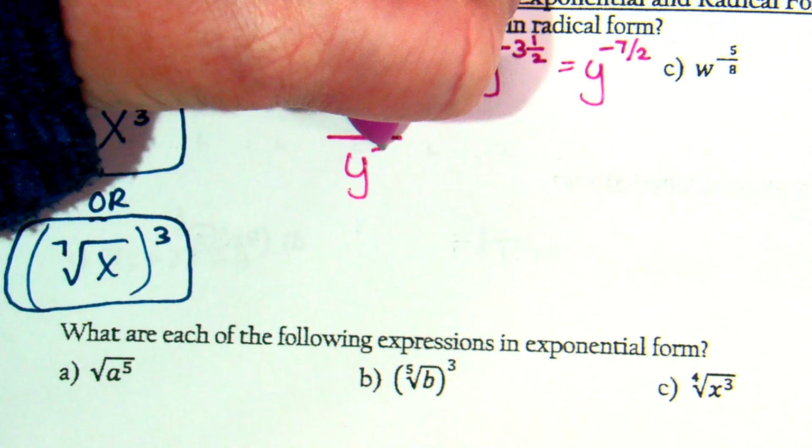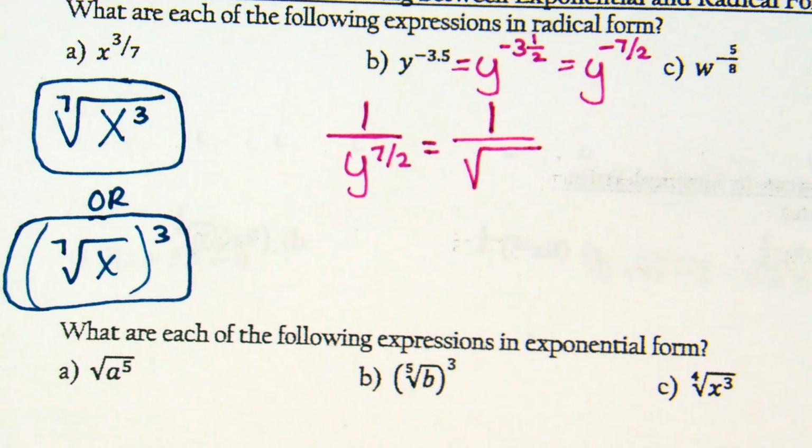What's my denominator? 2. Where's that 2 go? Index. So the 2 goes in the index. The 7 goes on as the power. So it's 1 over the square root of y to the 7th.